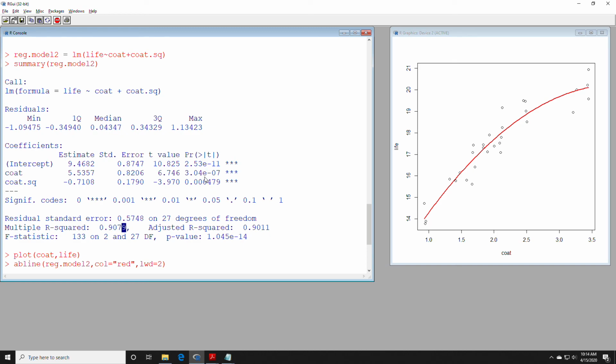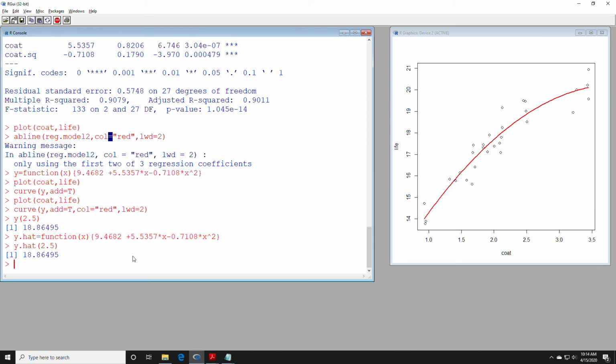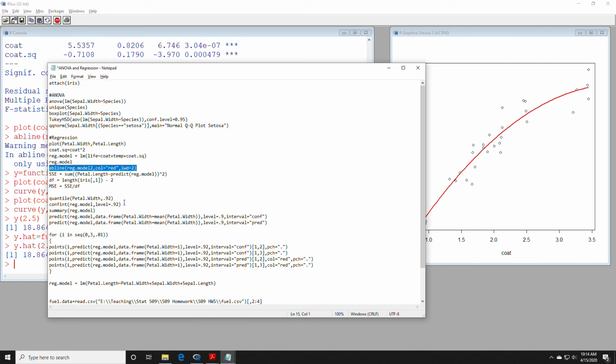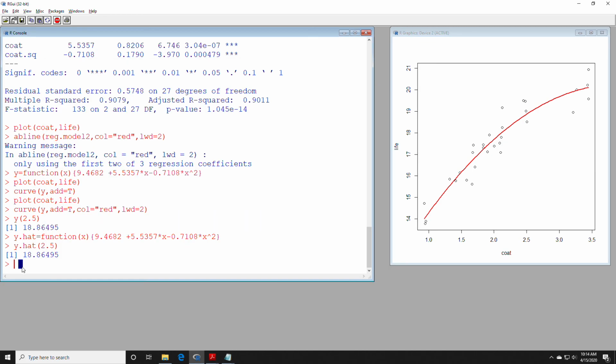The terms are significant, it fits the data well, but what we still have not captured or verified are the assumptions on the error term. They could be horribly violated and we have no idea. So let's go ahead and check them. I think all we have to do is put plot.